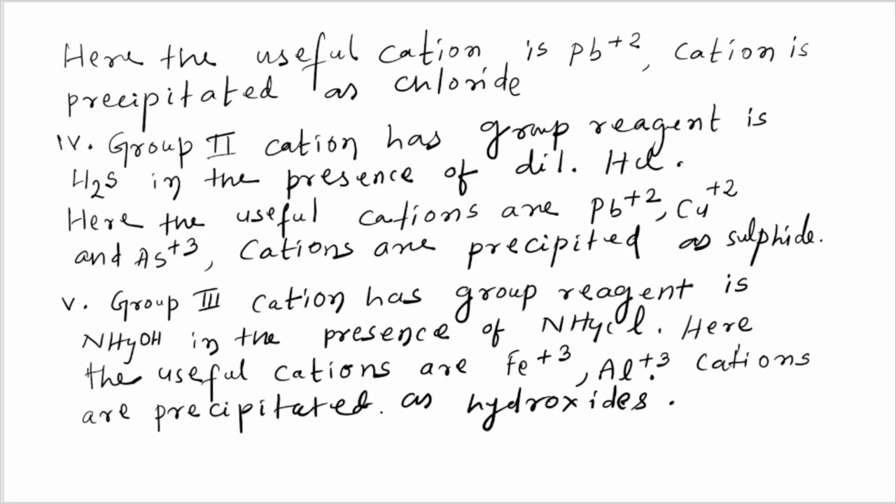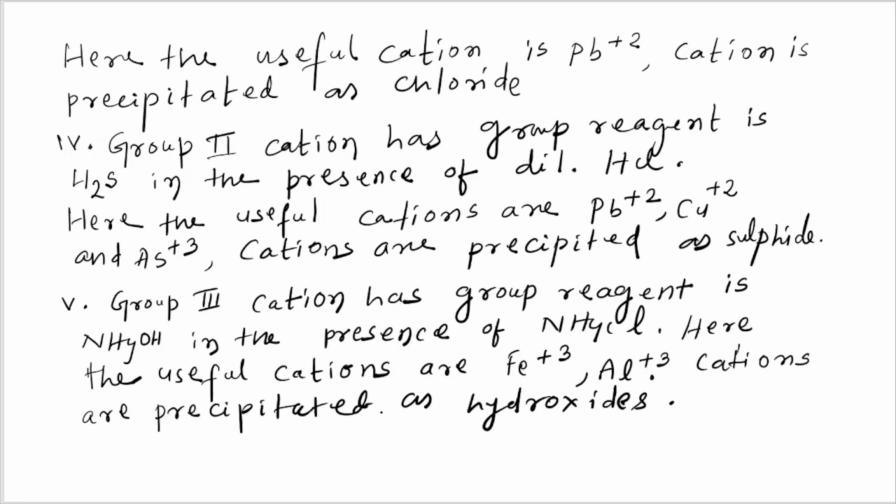Then you will come to group 2. So many cations are there, but we will see what is present in our syllabus. Group 2 cations have the group reagent hydrogen sulfide gas, and you know the smell of hydrogen sulfide gas is a rotten egg smell, in the presence of dilute hydrochloric acid.